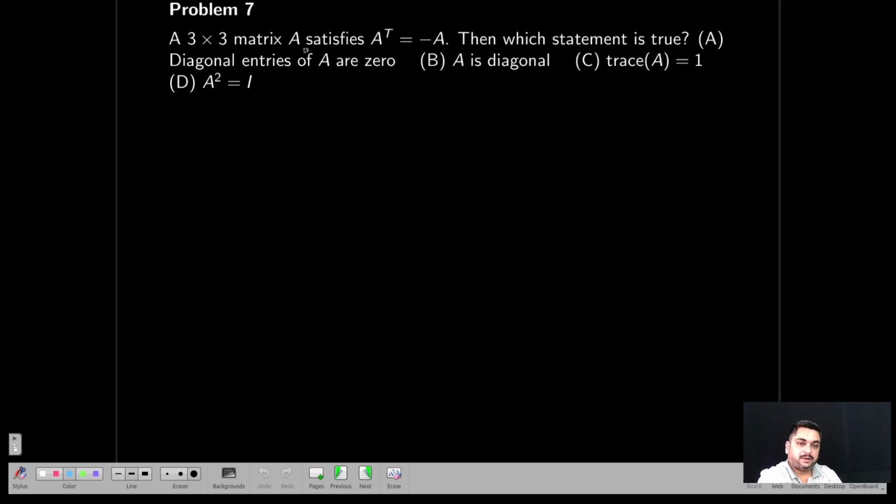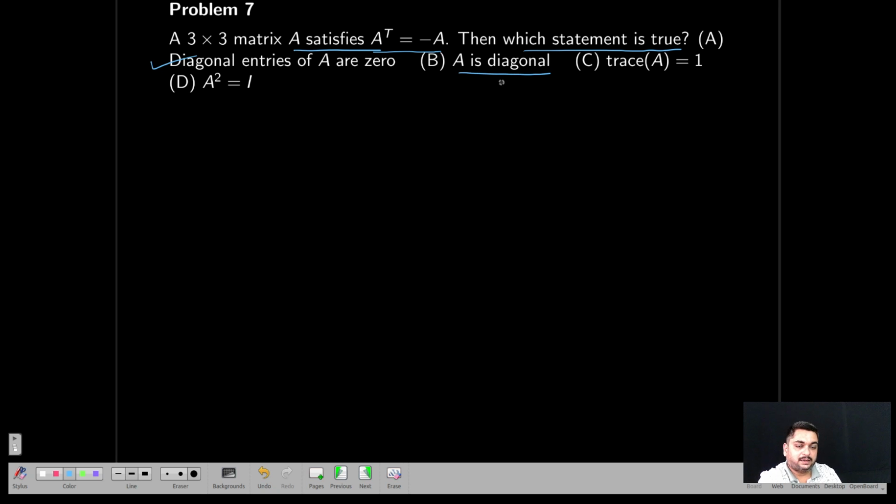The 3 cross 3 matrix A satisfies A transpose equal to minus A. Then which of the following statements is true? See, what it means, A transpose equal to minus A means it is a skew symmetric matrix. So the diagonal entries of A are 0. That is the property of a skew symmetric matrix.